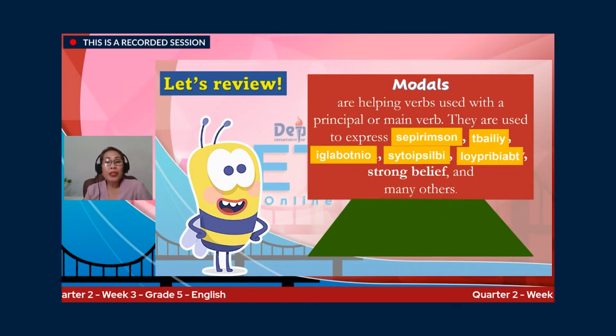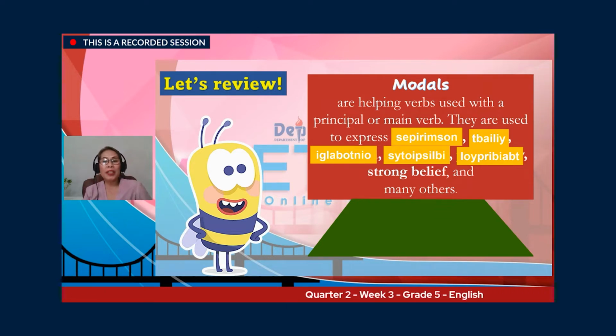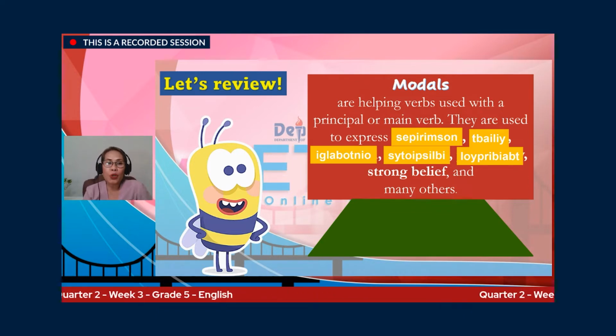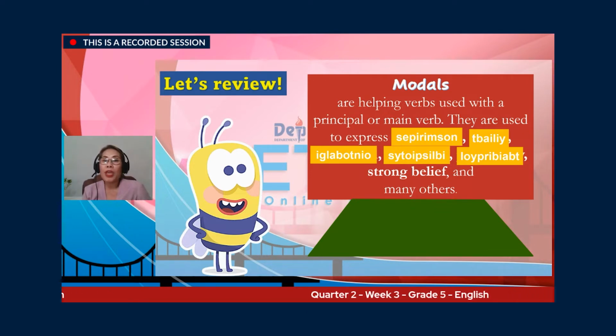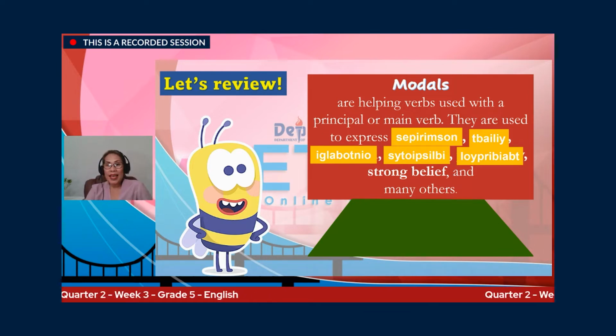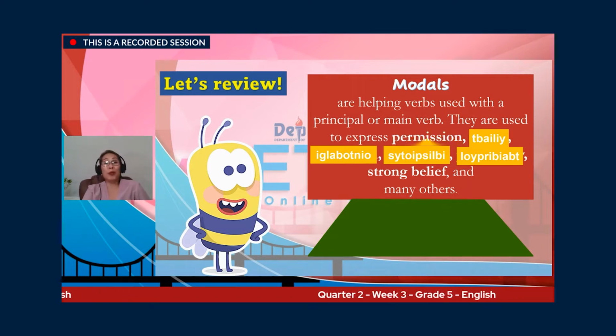So to come up with a description of what modals are, I want you to unscramble the letters of the word in each box. So we have it there. Modals are helping verbs used with a principal or main verb, and they are used to express, what do you think? To express, what is that? That's right, permission.